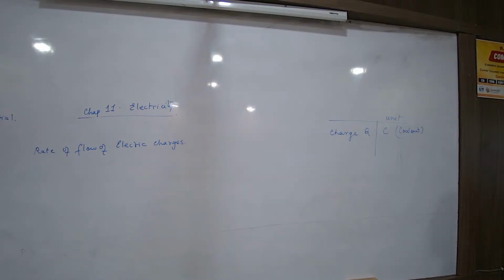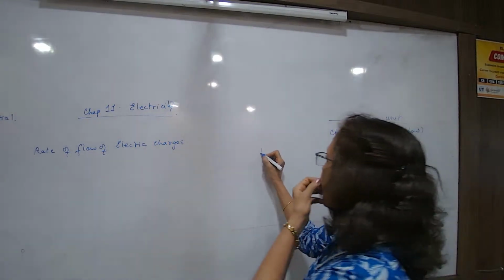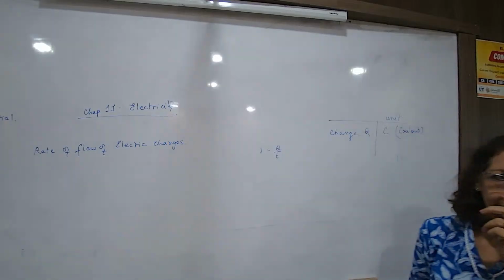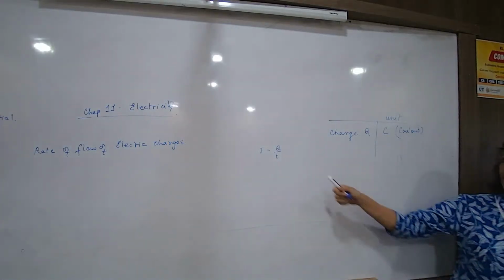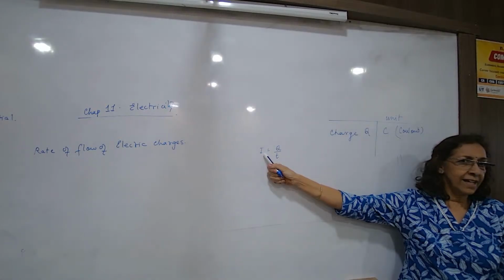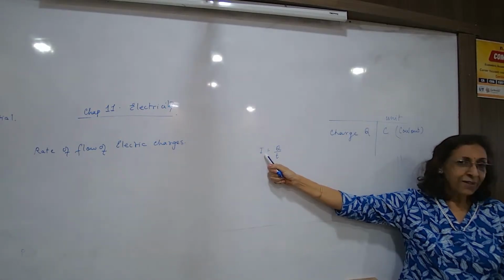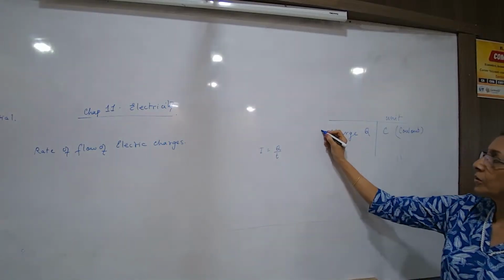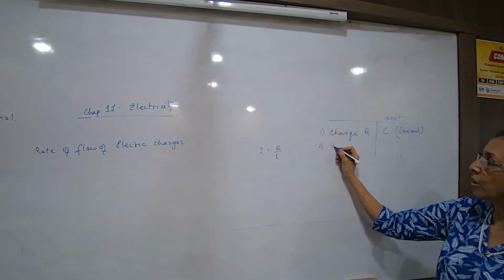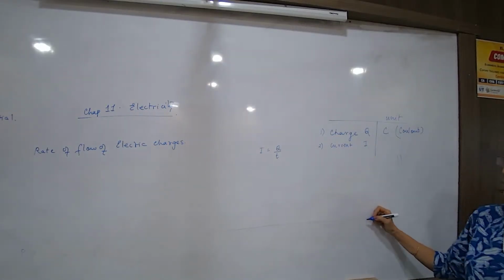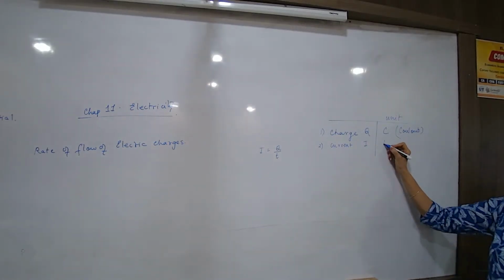Now this is very interesting. We are talking about I, which is equal to Q upon t. What is I here? I is current. So that is the first one. Second, we talk about current, which is I, and the unit will be ampere.